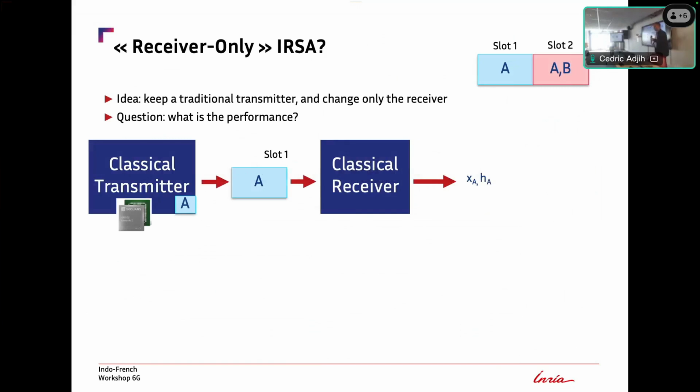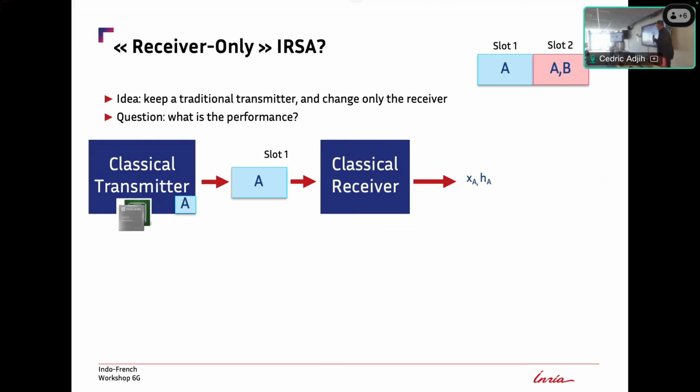You don't want to redesign the modulation. You take just the ASIC, and you think, can you do IRSA with that? It can be done. You just need to modify the classical receiver. Of course, there are some details to change, but it will be mostly in the logic, so it could be in the firmware, like how you send pilots, how to manage the HARQ, and so on.